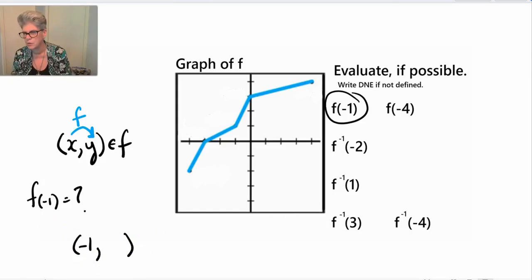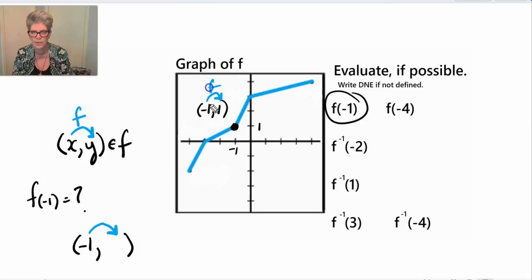What f will do is map the x-coordinate into the y-coordinate, and the answer will be the y-coordinate. So let's find the point on the graph whose x-coordinate is -1. There it is, and that point has coordinates (-1, 1). So f maps -1 into 1.